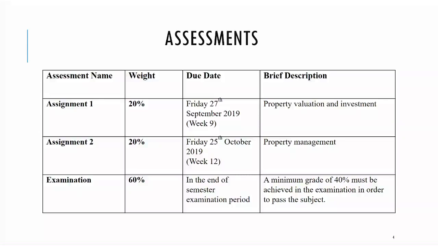You submit your first assignment in week 9 and your second in week 12, so make sure you are ready for that. This assignment is based on property management. The final examination is 60% of the total course, and there's a hurdle of 40%, so you have to score 40% in the final examination.